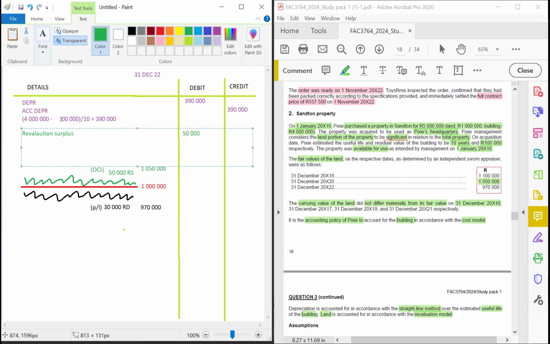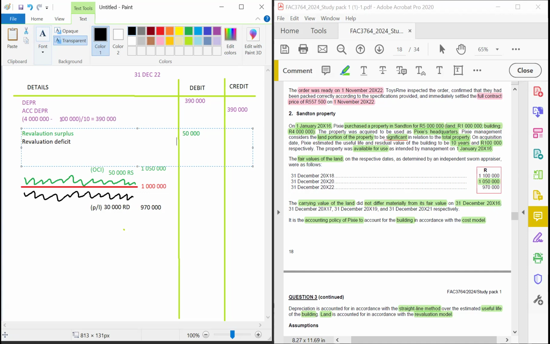Now our revaluation deficit of 30,000 is an expense.